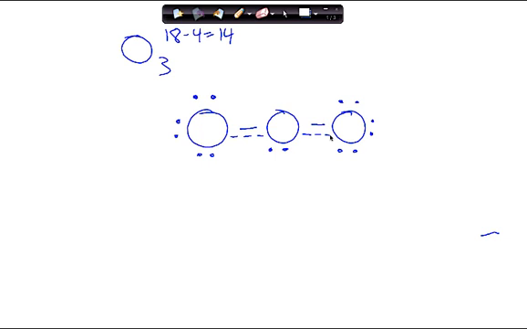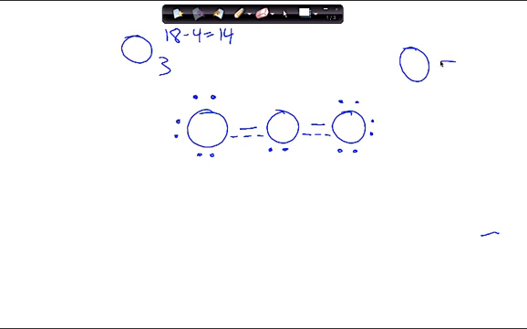How does that explain what we experience in terms of the bond lengths in ozone? First of all, does it explain why they're the same length? Yeah, because they are the same bonds. And Matt, for now, we're going to call them 1.5 bonds. But guys, don't ever call them 1.5 bonds. But for now, we're going to say that.